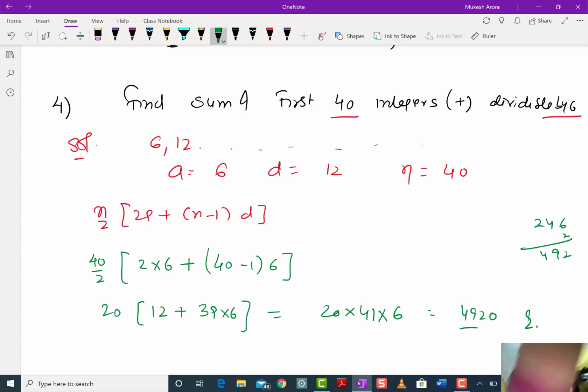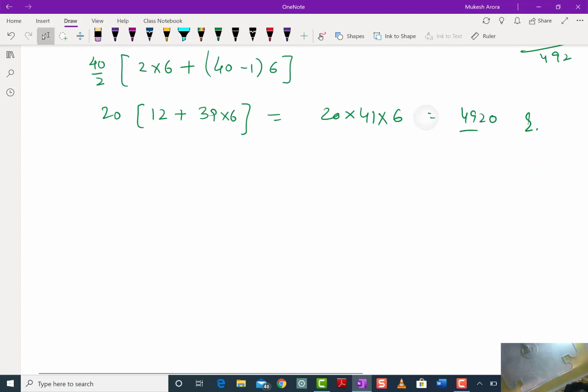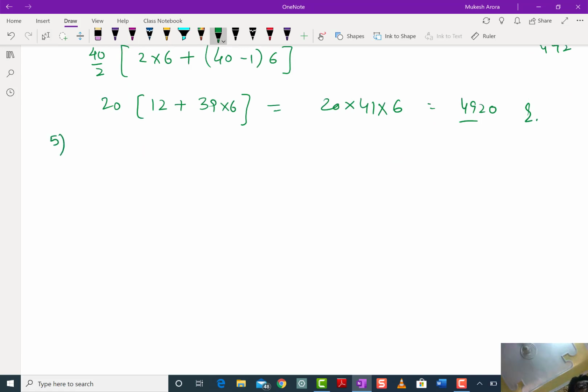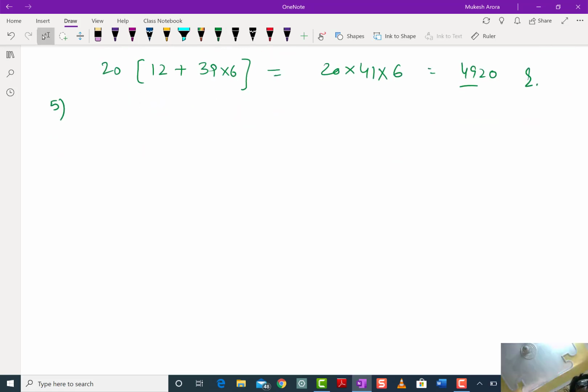A contract was given to a contractor to complete the job in a certain number of days. If there is a delay, then there is a fine of 200 for the first day, 250 for the second day, 300 for the third day, and it keeps on increasing by 50 rupees every succeeding day.